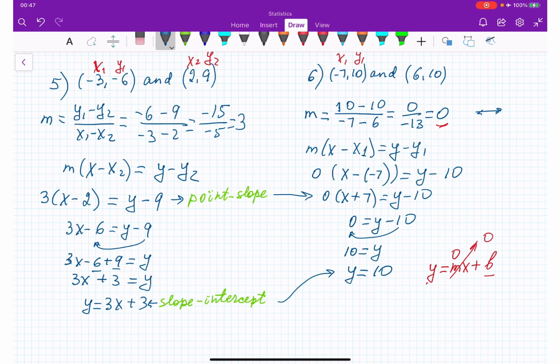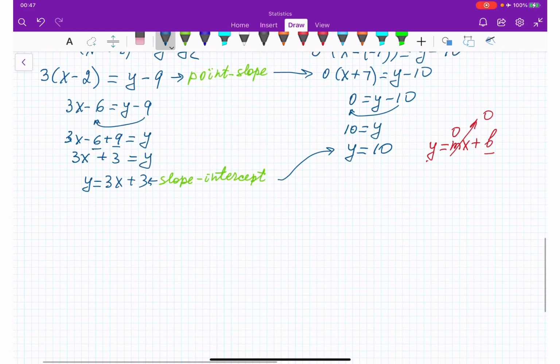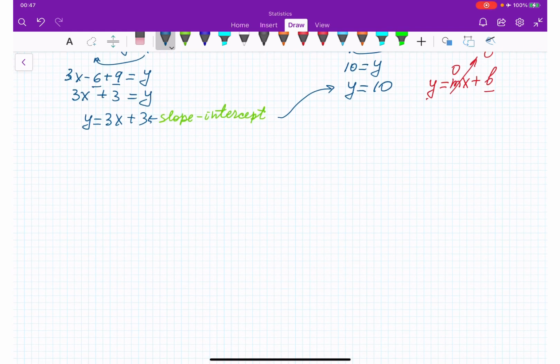Moving to question number 7. So what do we have here? Give the slope and y-intercept of the line whose equation is given.